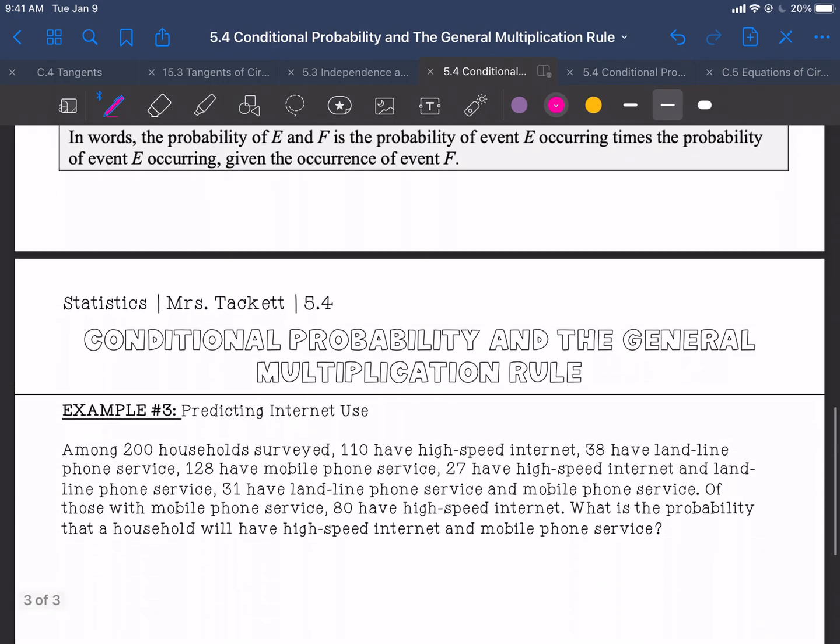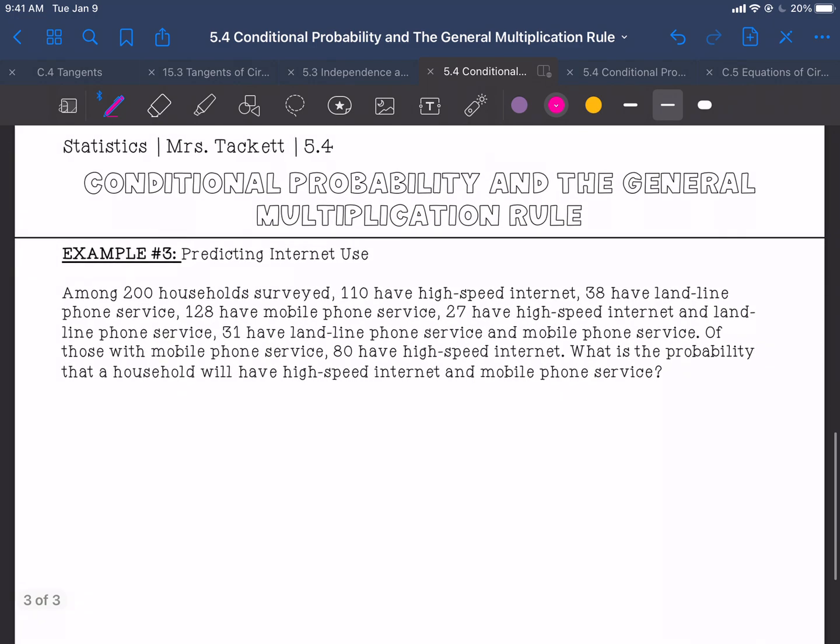Well, let's do an example using that. So we have our internet usage example here again, but this time we are asked, what is the probability that a household will have high-speed internet and mobile phone service? So we are finding the probability that a household has high-speed internet and mobile phone service.